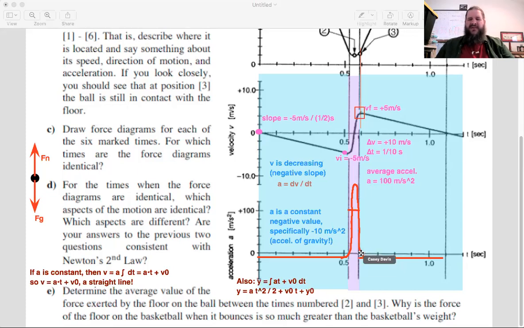When the second derivative is 0, when in this case the acceleration switched from positive to negative, that means the velocity has switched from increasing to decreasing, which means the position graph has switched from having a slope that is increasing to having a slope that is decreasing. We're changing concavity, concave up to concave down, because the sign of the second derivative, positive or negative, tells you whether the function itself is concave up or concave down.